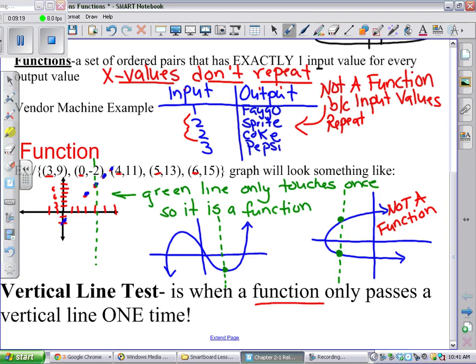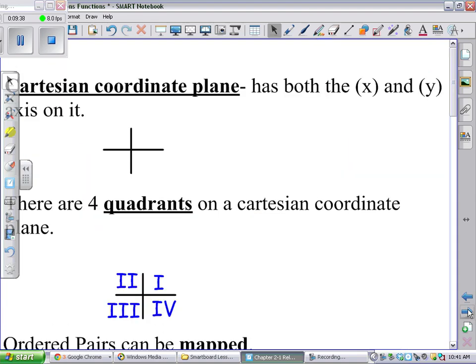And you'll notice here it only touches once, so it is a function. Okay, so that's the vertical line test. This is just some basic review.